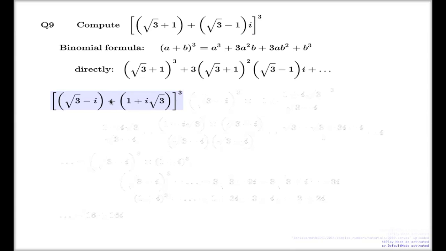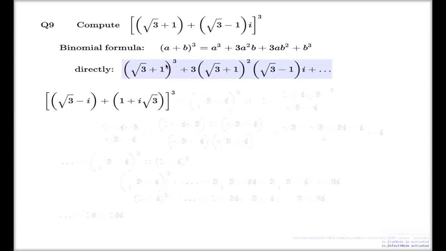That's my rearrangement. Even after this rearrangement, if I do the expansion directly, I will hit the same difficulties. I would need to do a binomial over this little bracket, and then a binomial over this little bracket. It still will be lots of computations.